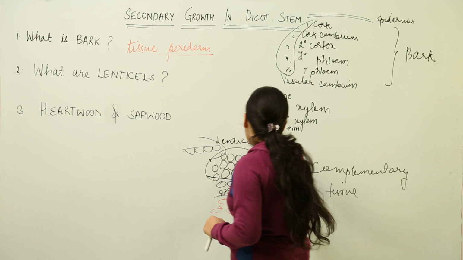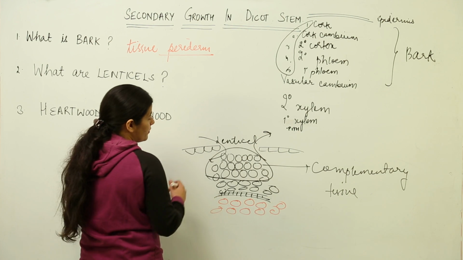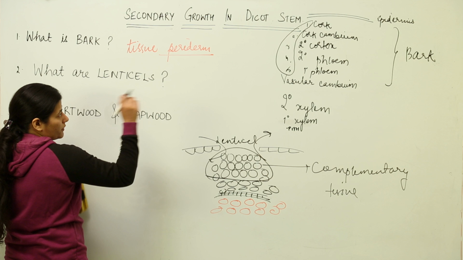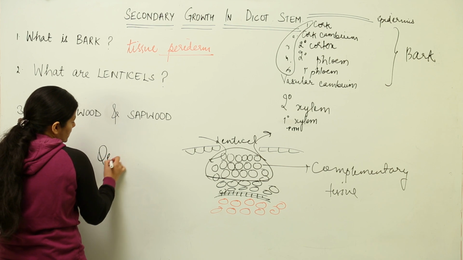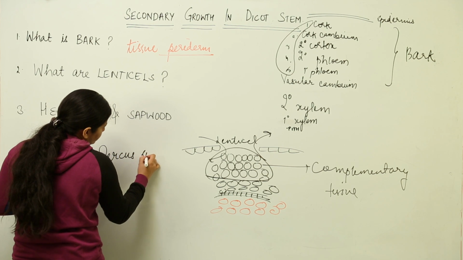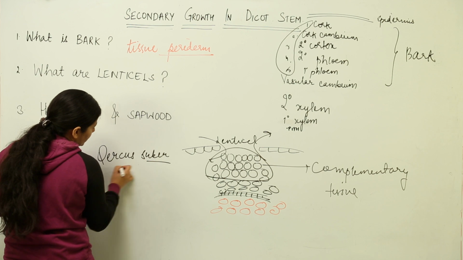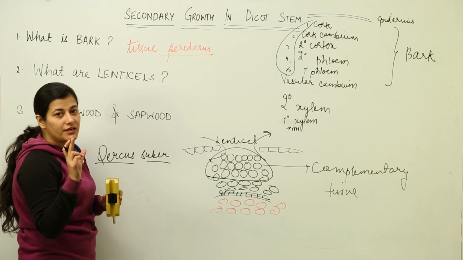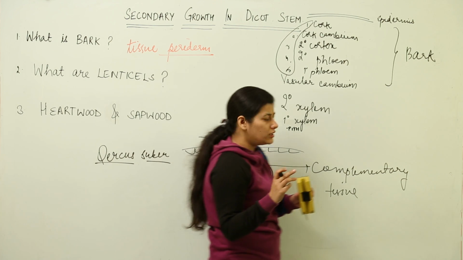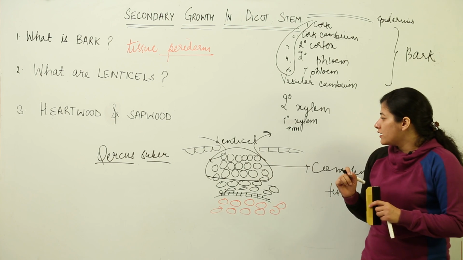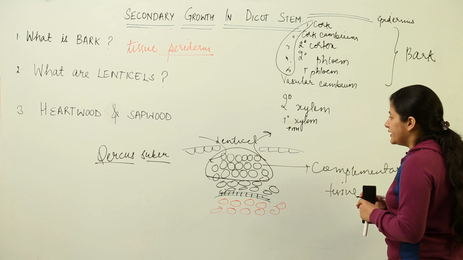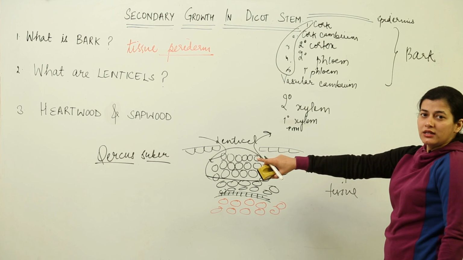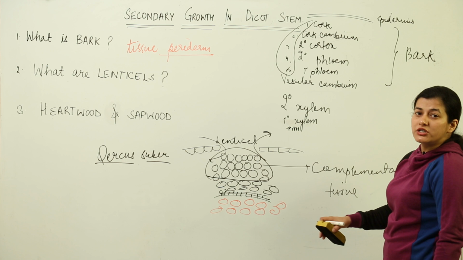This is also to be remembered, and one thing you have to remember is that the bark of Quercus suber, it's a plant, its scientific name, is usually found in Mediterranean regions, that is around near Spain and Italy. You find this tree that is responsible for giving the commercial cork.